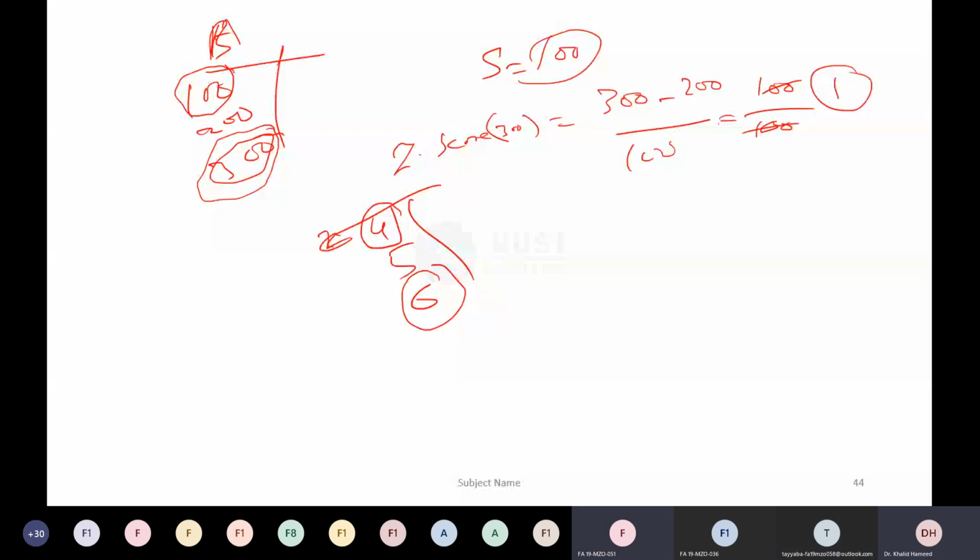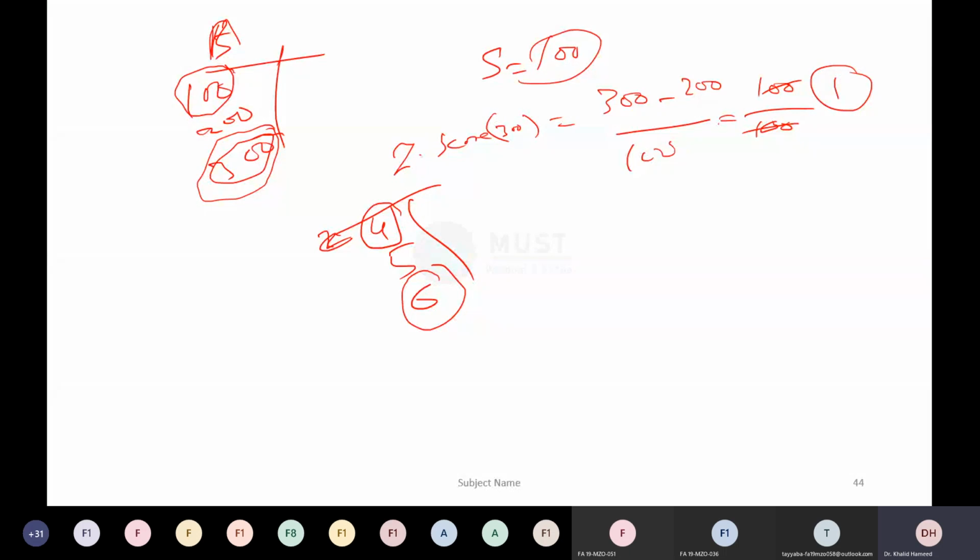Yes, sir. Are you sure? Anyone who is not clear with z-score, or does not have a concept of z-score? It's clear, sir. Okay.